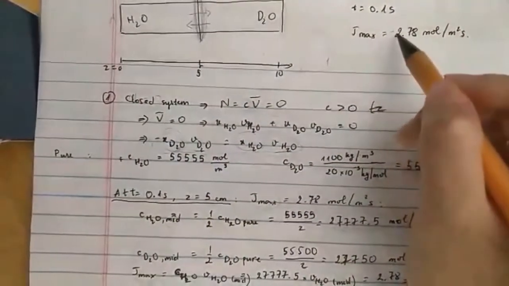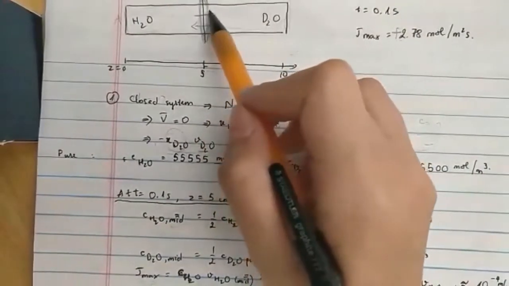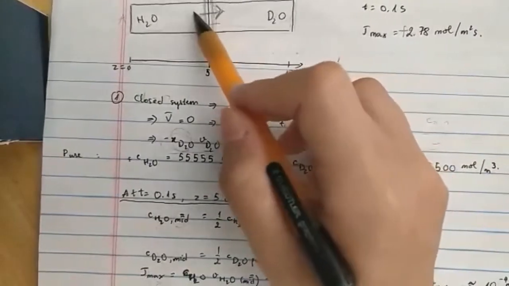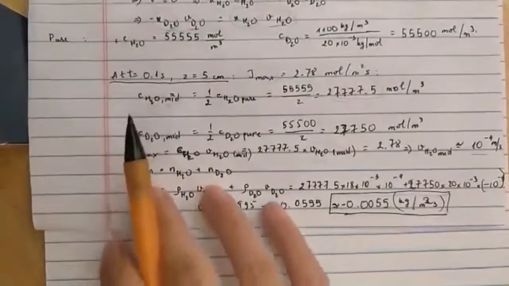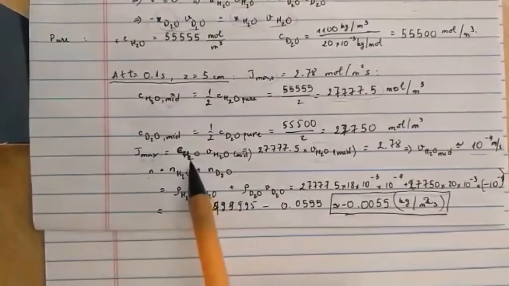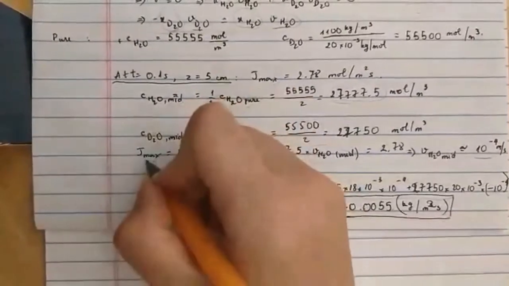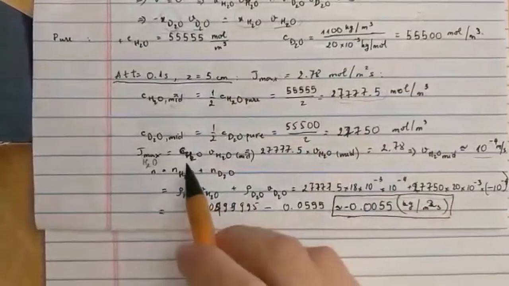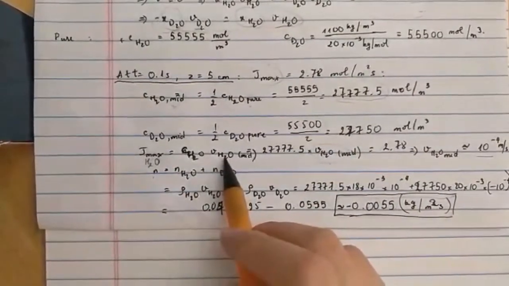The J max is positive, since H2O goes this way, and the diffusion flux of H2O equals the concentration of H2O times the velocity of H2O.